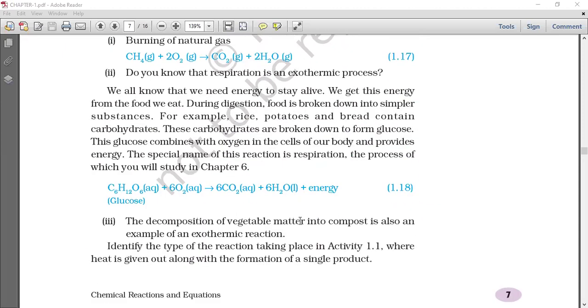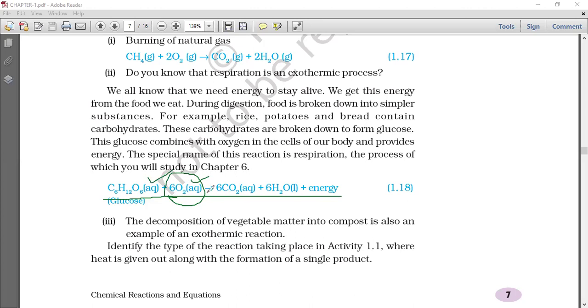Here if you observe, the reaction is given: C6H12O6. Very, very important. Please learn it and practice it many times. Glucose plus oxygen, the oxygen which is dissolved in the cells of our body, and the glucose which is also in our body.